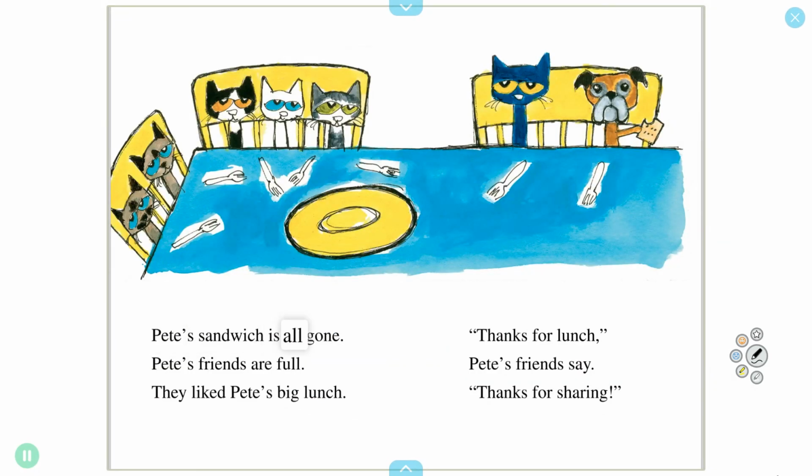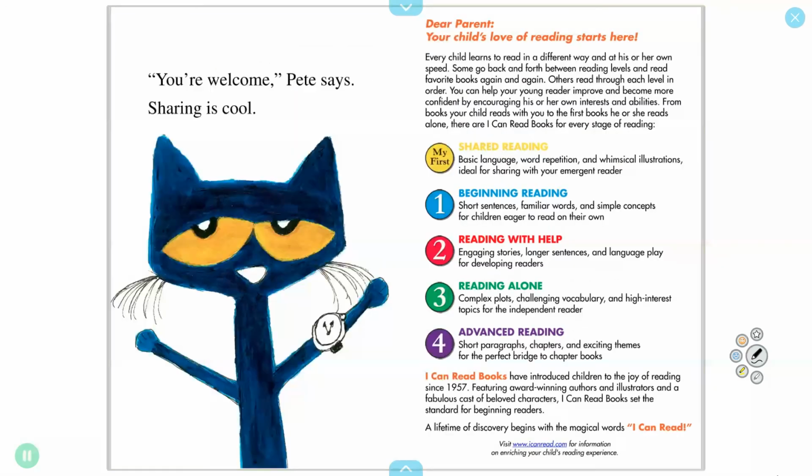Pete's sandwich is all gone. Pete's friends are full. They liked Pete's big lunch. Thanks for lunch, Pete's friends say. Thanks for sharing. You're welcome, Pete says. Sharing is cool.